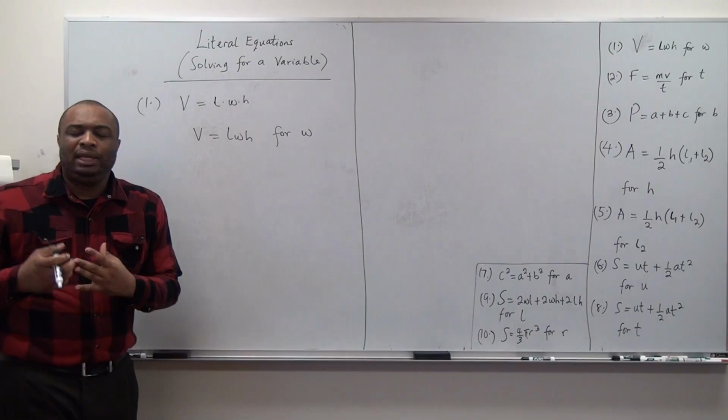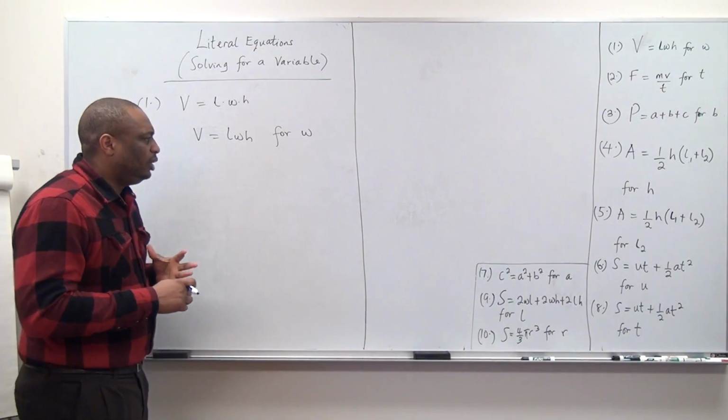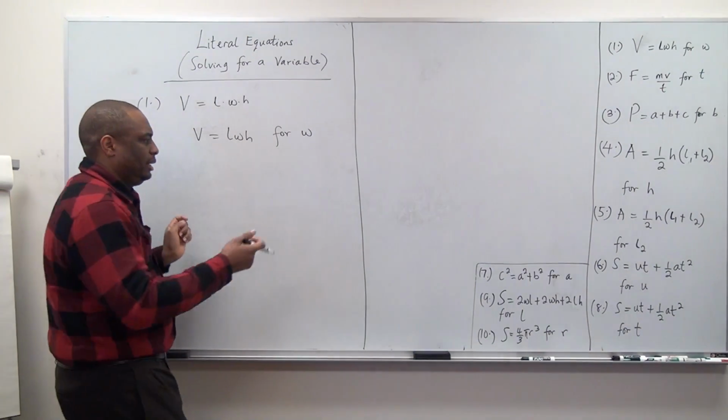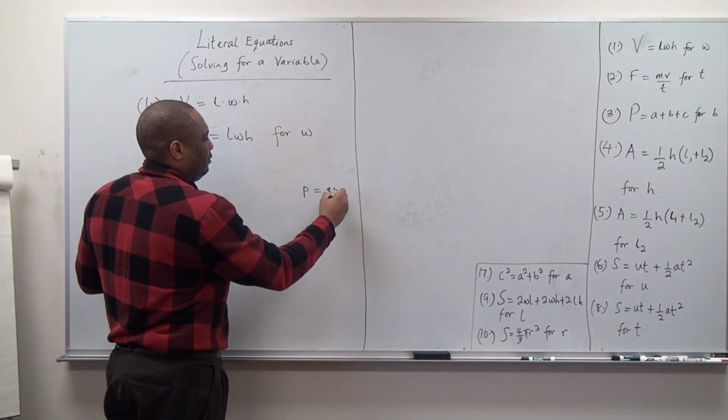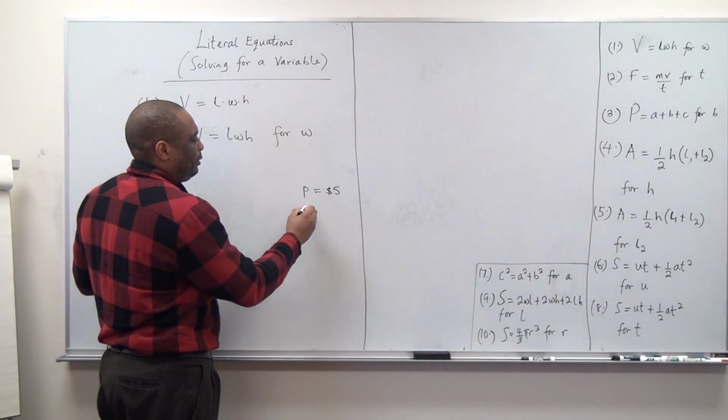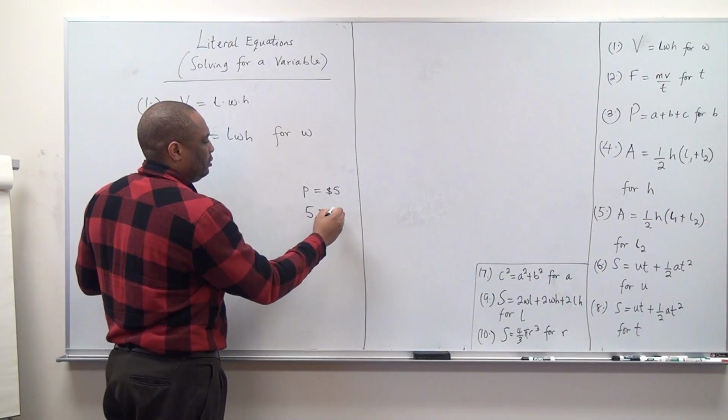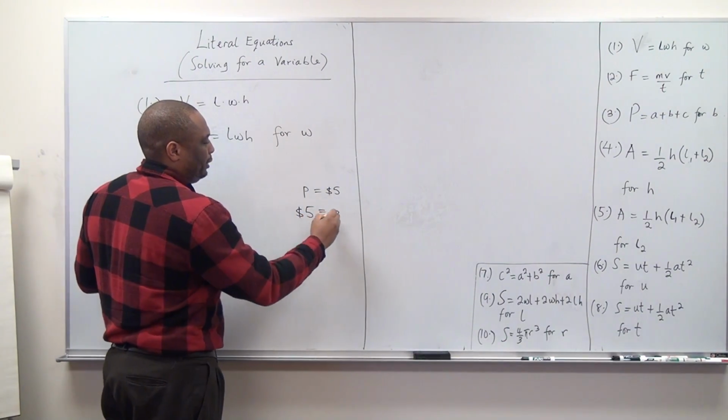Why do we actually do this? Would you prefer to say P is equal to $5, or would you prefer to say $5 is equal to P?